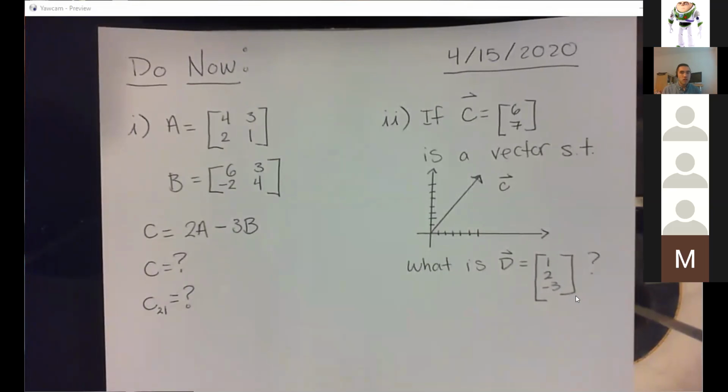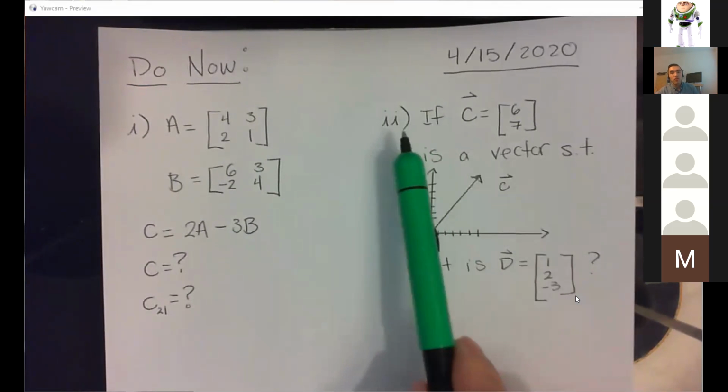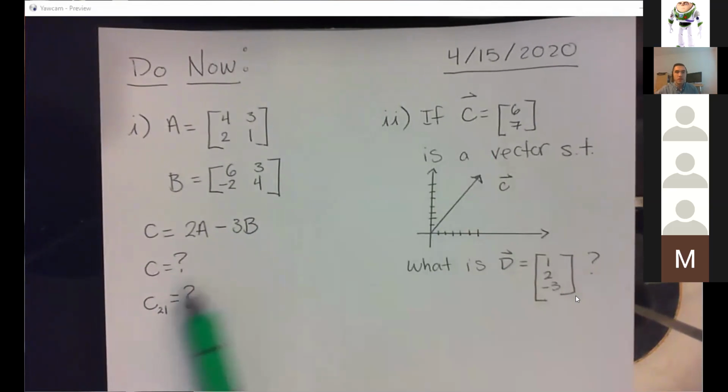And then item number two, this is like an open-ended concept question. This isn't something I talked about yesterday, but I think this is something that you can figure out for yourself pretty easily. So if vector C, and this is not the same C, different question. I guess if I was more responsible, I would have used a different letter.